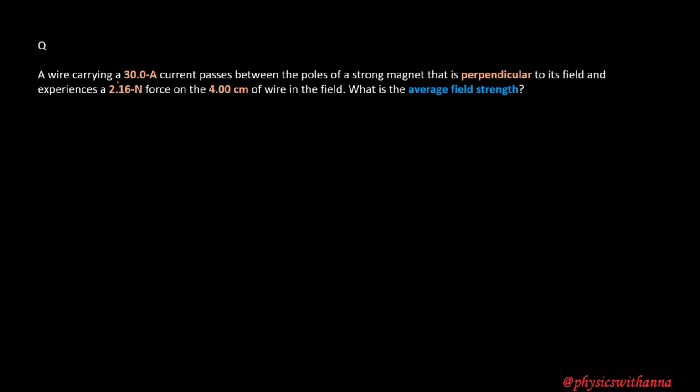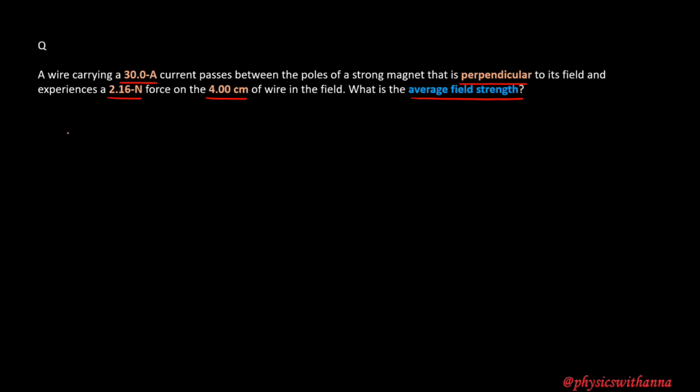Next question. A wire carrying a 30 ampere current passes between the poles of a strong magnet that is perpendicular to its field, and it experiences a 2.16 Newton force on the 4 centimeter of a wire in the field. What is the average field strength?